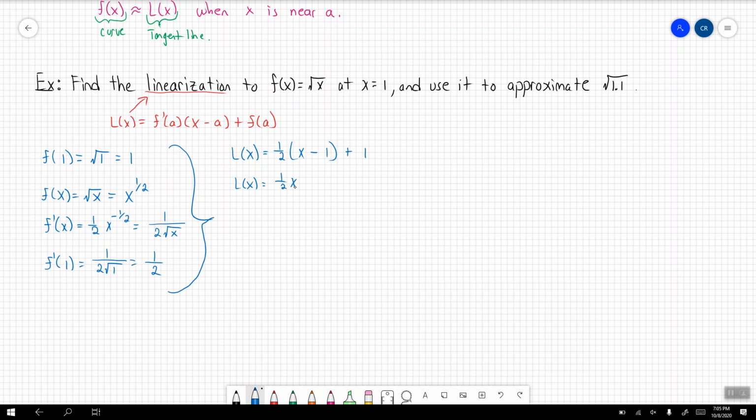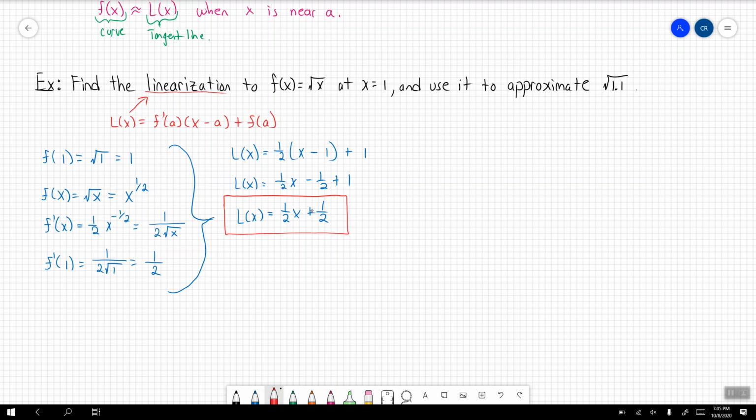We get 1/2 x minus 1/2 plus 1, which means the linearization is 1/2 x plus 1/2. Awesome. This is that linearization that we're looking for, meaning that this square root function can be approximated by this linearization only for the x values that are near 1.